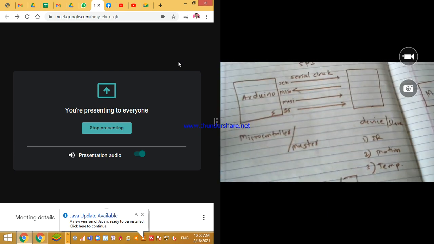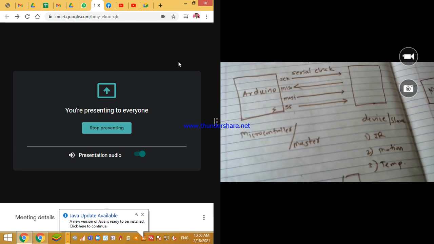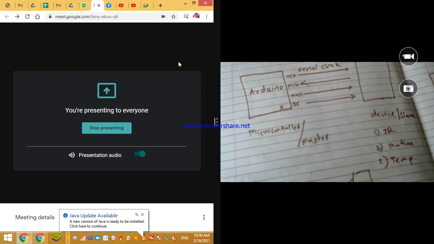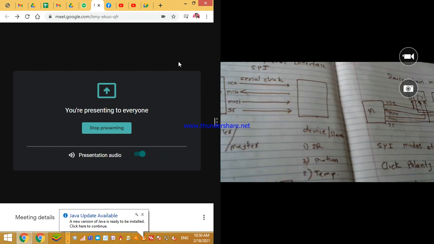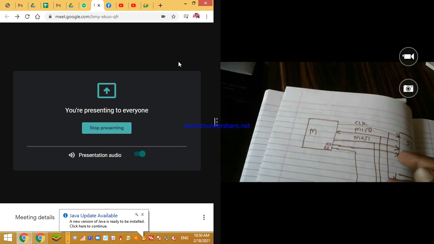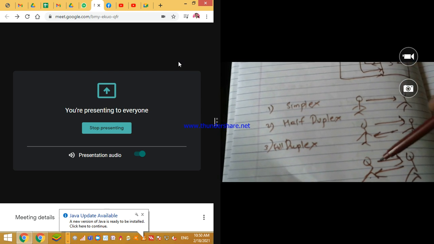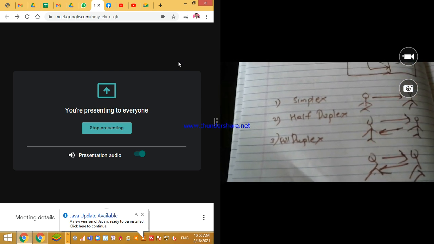Here one master and one slave that we have taken, and with the help of these 4 pins, there is a transmission of data between them, right? Then we have seen how to connect multiple slaves, and then the communication types: simplex, half duplex and full duplex.